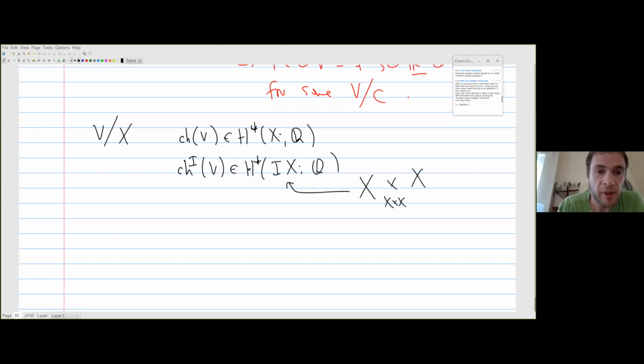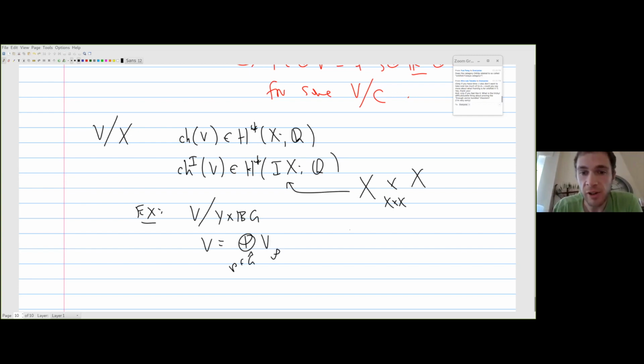And for example, if you have a vector bundle over, say, Y cross BG, then V is canonically a direct sum of isotypic pieces.